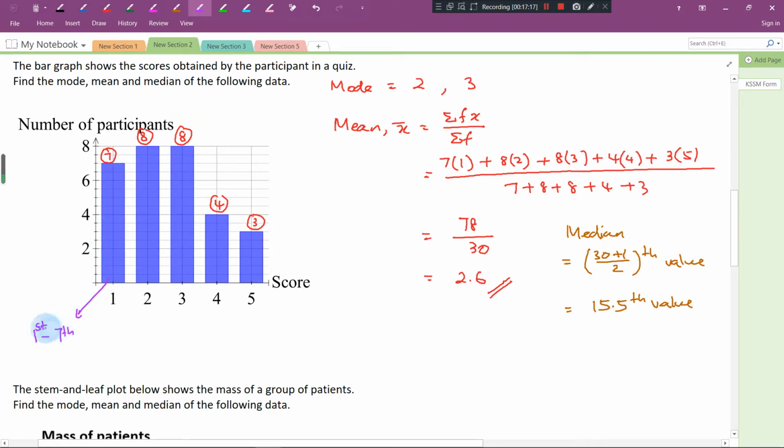Same thing, if you don't want to write st, th, it's okay, because this is just for your own reference. Since this is 7, here will be from 8. 7 plus 8 will be 15. So this is 16. 15 plus 8 will be 23. 23, right? So this one right over here, 24.